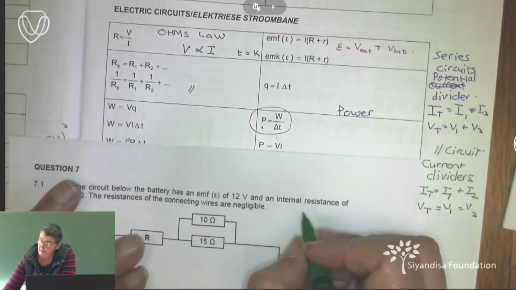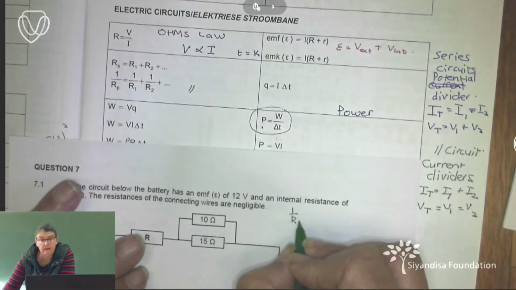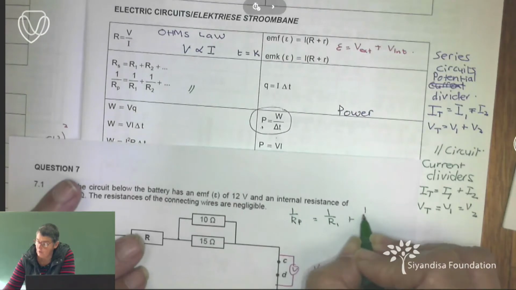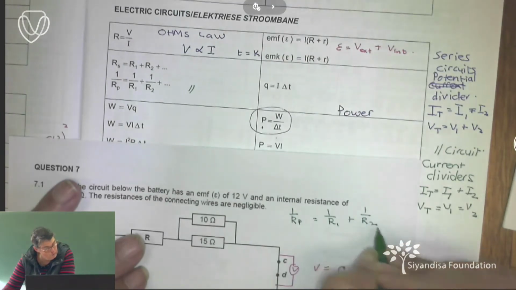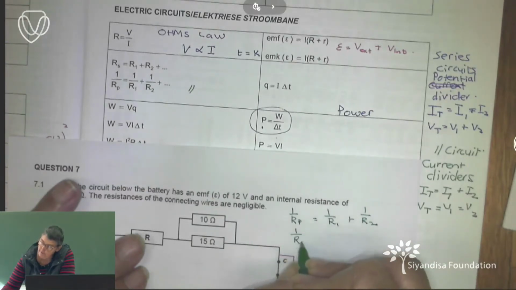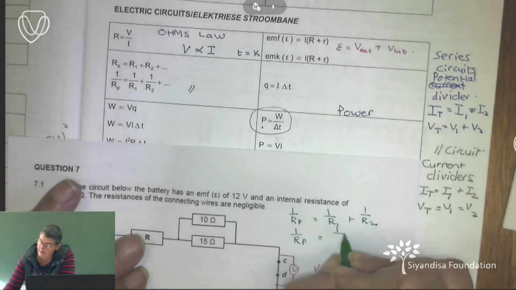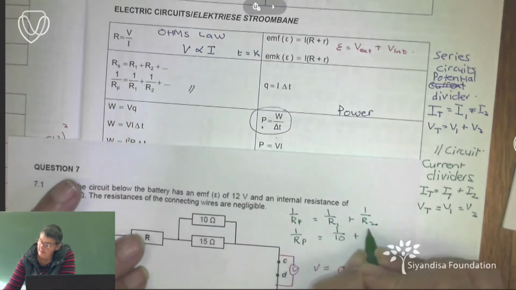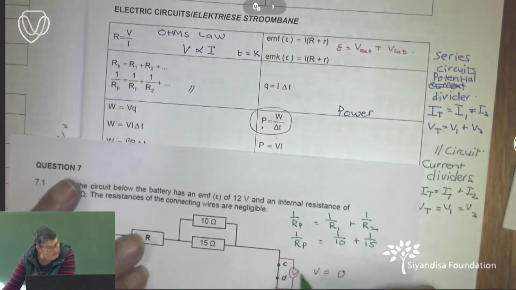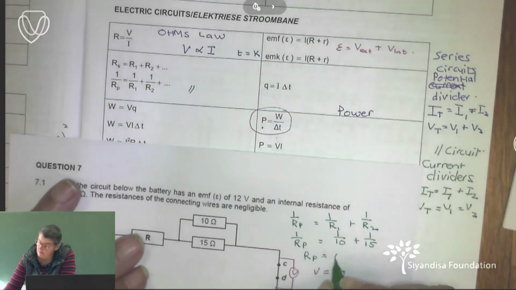So it becomes 1 over R parallel is equal to 1 over R1 plus 1 over R2. Right, write that down. Then I get 1 over R parallel is equal to 1 over 10 plus 1 over 15. Okay? I find my answer, and then I remember to reciprocate, and R across my parallel becomes 6.